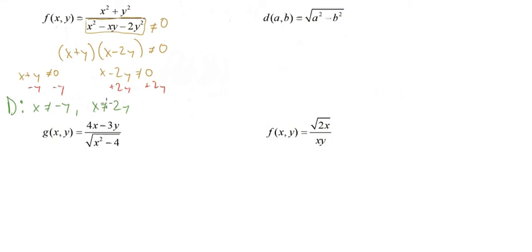So again, needing to make sure that the denominator does not equal 0, and that we don't end up with any imaginary numbers. And if we graph just this denominator here, it's the piece inside the radical, x squared minus 4.